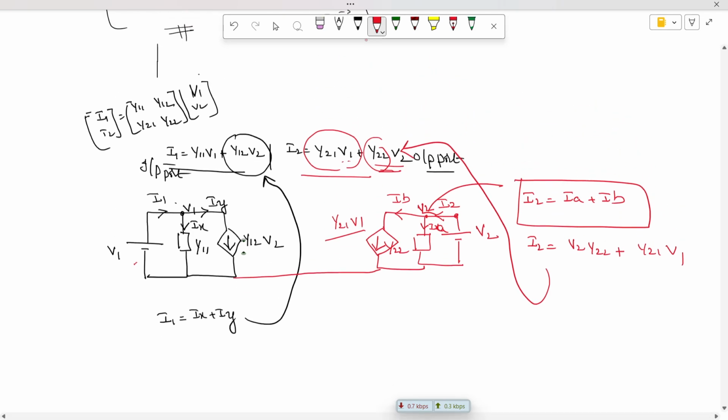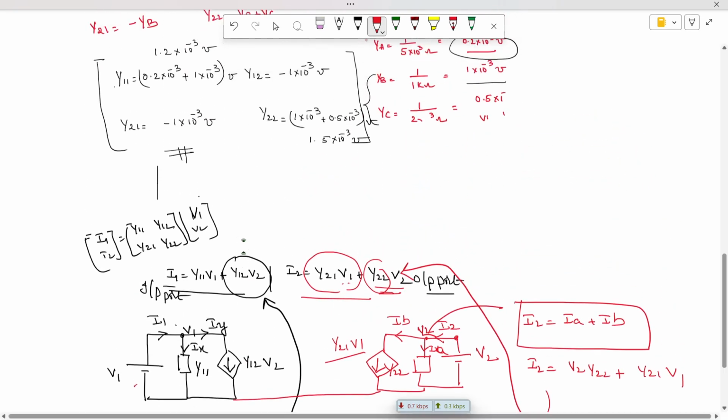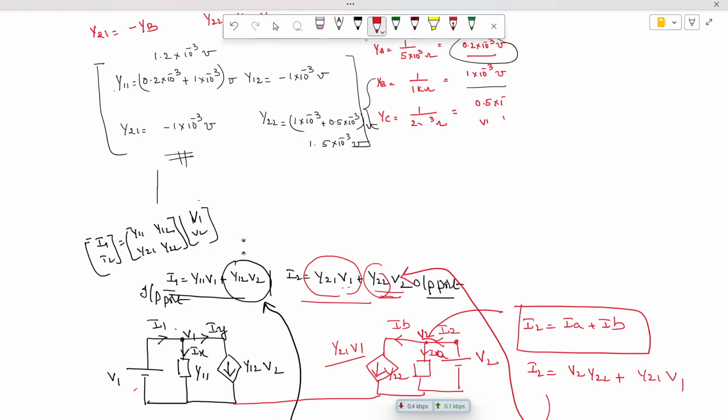Now we want to substitute those values. The value of Y12 is minus 1 into 10 to the power minus 3, times V2.